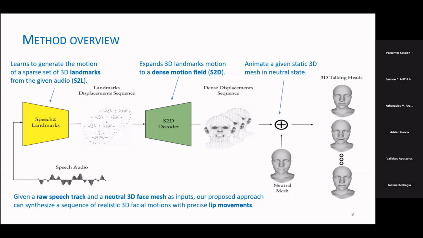And the other network, the so-called S2D, is a decoder that is capable of passing from the position of the points to a dense mesh. So at the end, we can densify the landmarks, and then add the neutral face. At the end, we have the sequence of animated 3D faces.